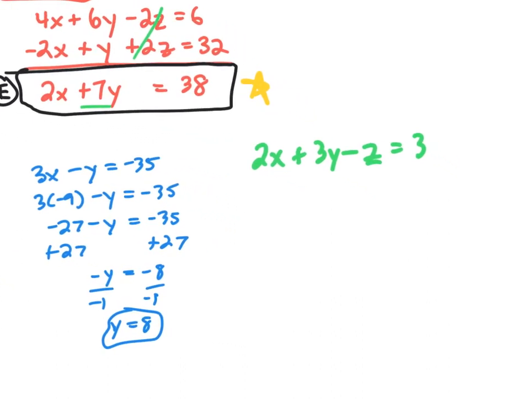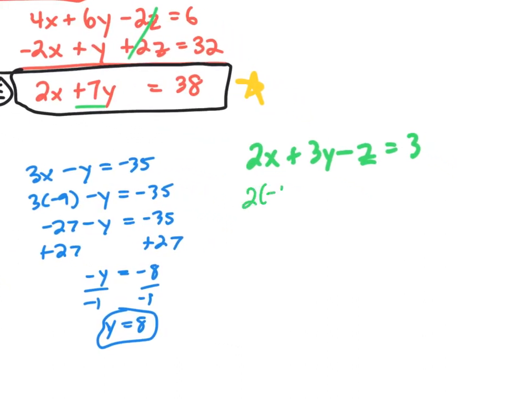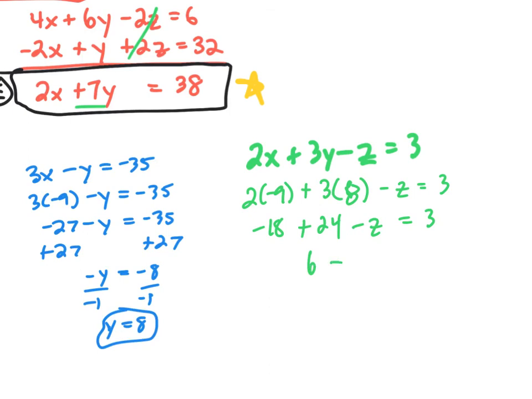And we know that x is negative 9, so it's going to be 2 times negative 9. Y is 8, so 3 times 8 minus z equals 3. We've got negative 18 plus 24 minus z equals 3. Negative 18 plus 24 is positive 6. Let's subtract 6 from both sides. We get negative z is negative 3. Divide by negative 1, z is 3.